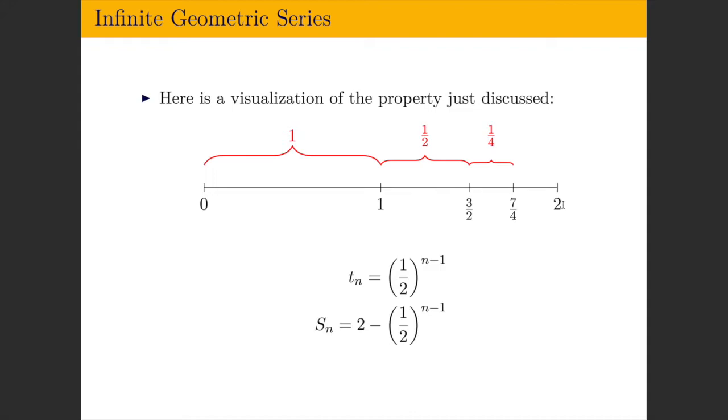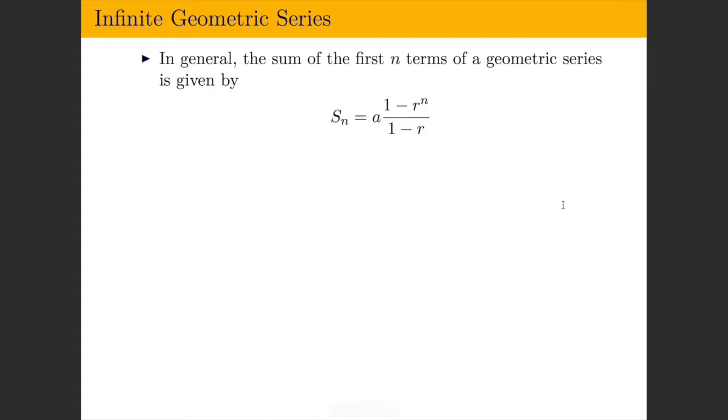Let's just discuss what happens in general when we have an r and an a instead. In general, remember that the sum of the first n terms of a geometric series is given by a times 1 minus r to the n, over 1 minus r.